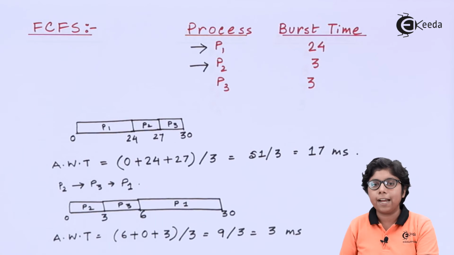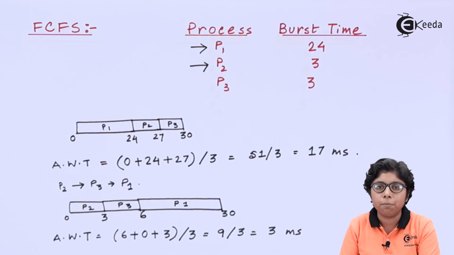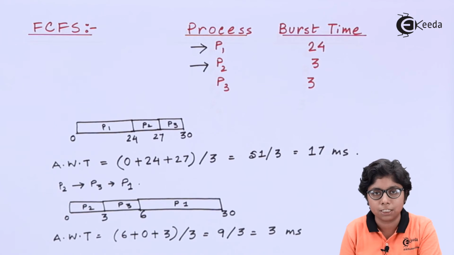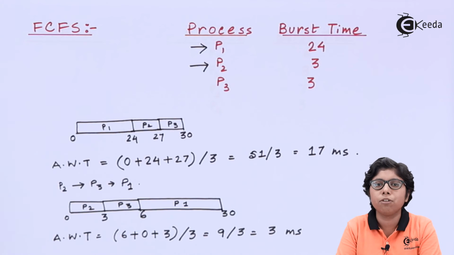So the average waiting time now comes to 3 milliseconds, reduced from 17 to 3, which is huge. So the FCFS average waiting time is not minimal, and it can be substantially reduced if the CPU burst times and the arrival order of the processes differ in this way. Thus, we can use FCFS when the burst times are similar, or differ only minimally.